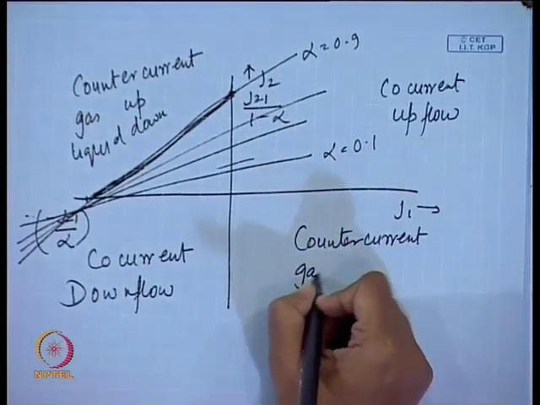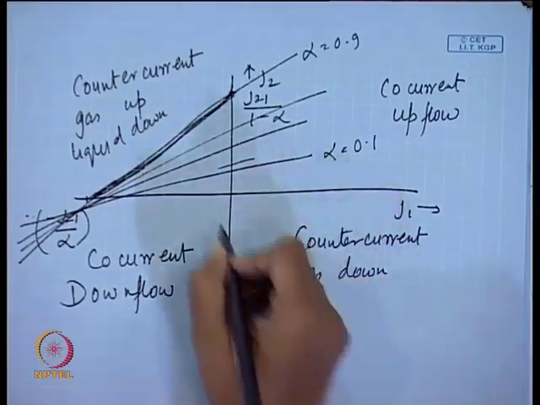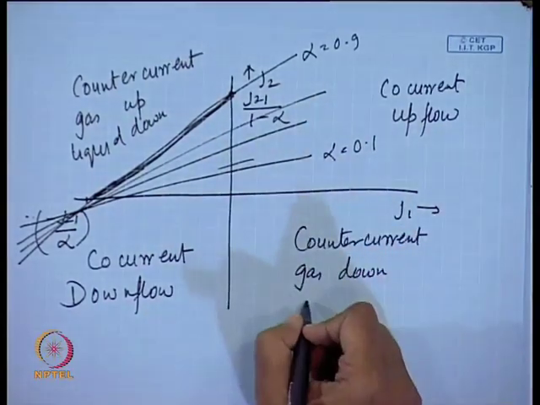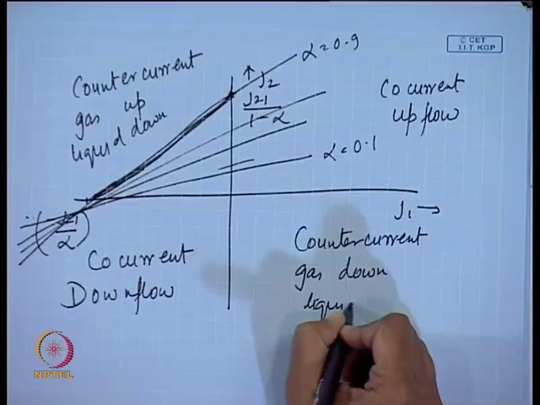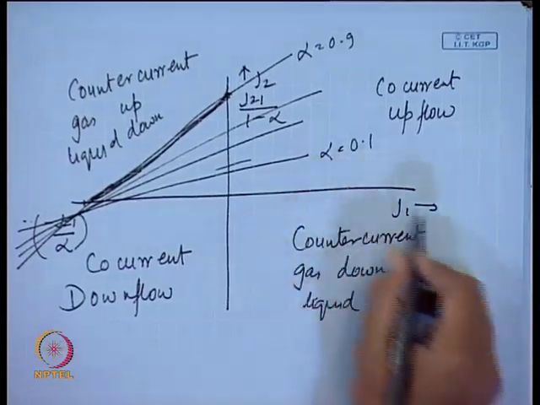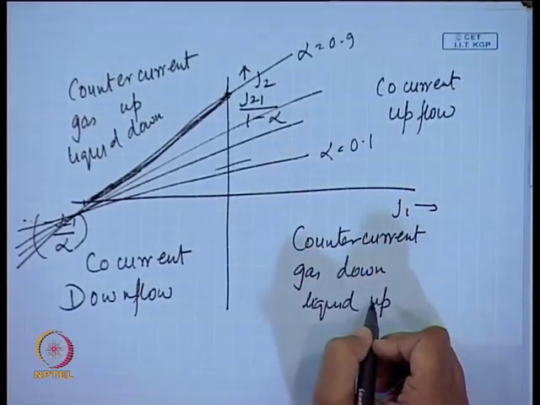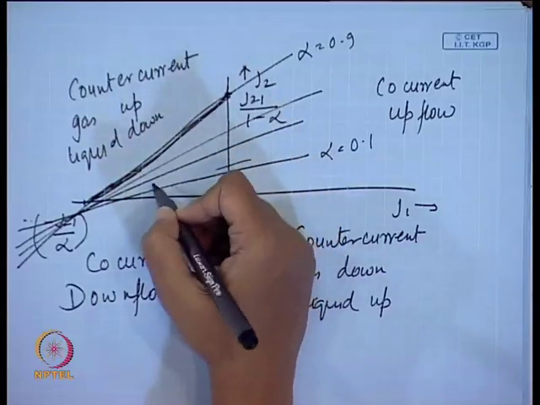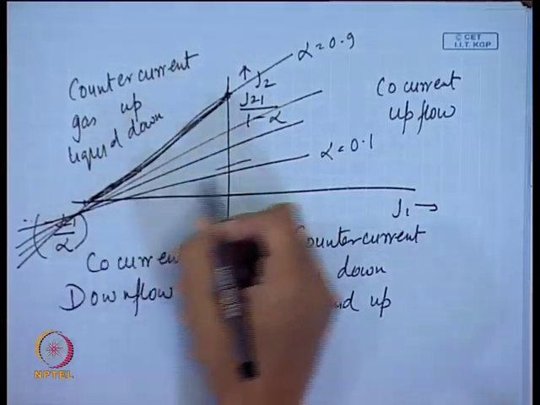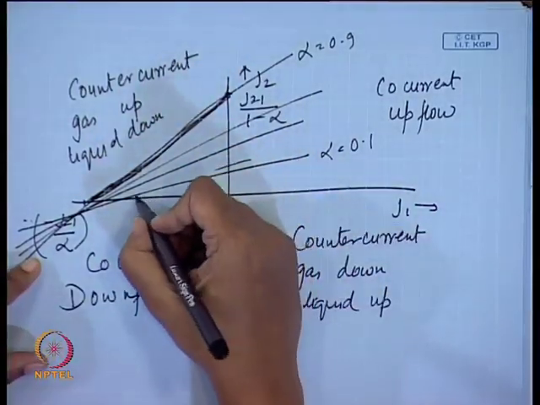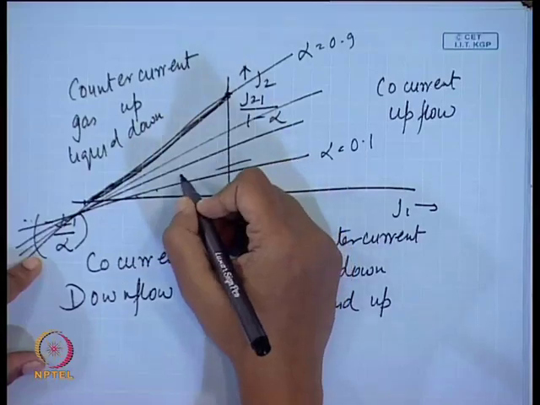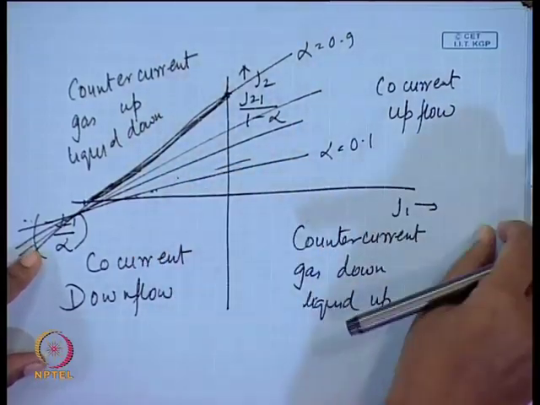And here it will be counter current with gas down, J2 is negative, J1 is positive and liquid is up. Here no solution is possible. I could not draw this one very well, but if you draw it, you will find that more or less all this for different alpha, they are going to coincide under different conditions.